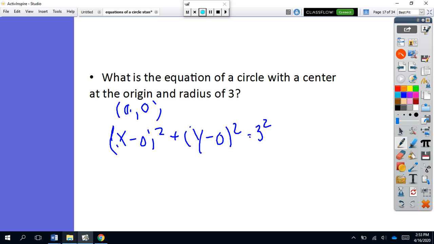Well, x minus 0 squared is just x squared, because I'm not subtracting anything. And this is y squared. And this would be 9. So you would write that out.